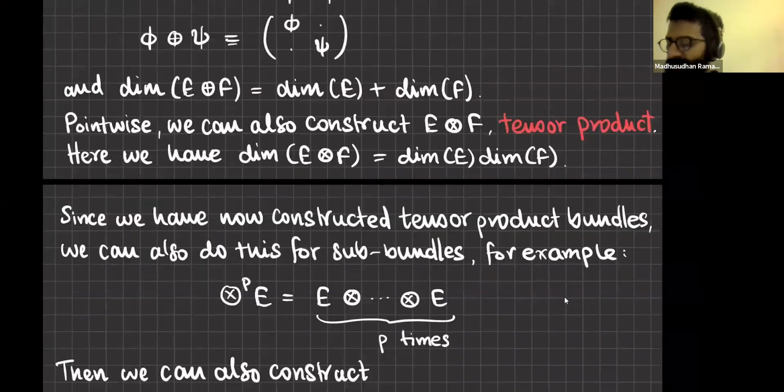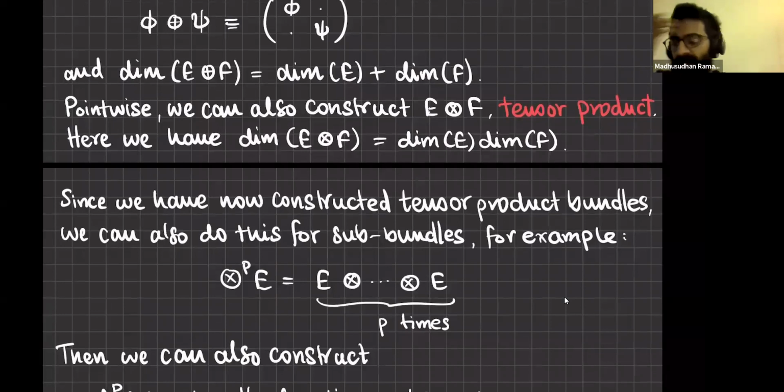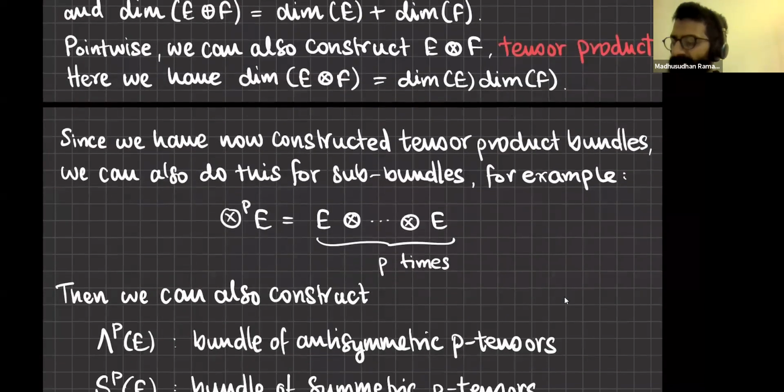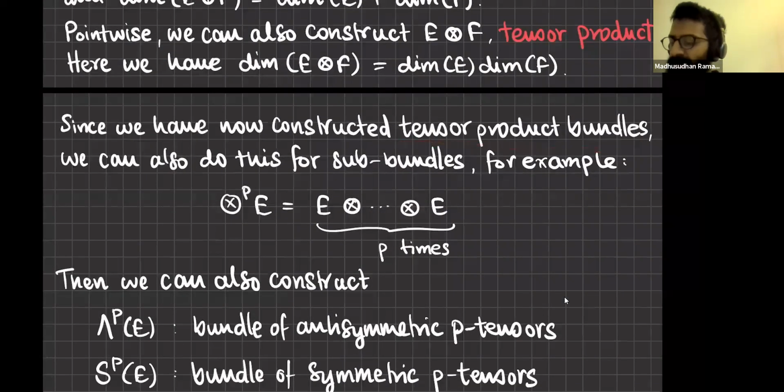And more physically interesting, since you have constructed tensor product bundles, you can also do this for sub-bundles. Let's denote by the p-fold tensor product the pth tensor product of a bundle with itself.